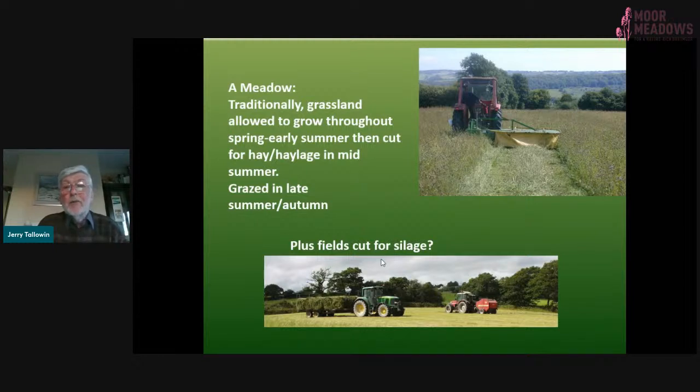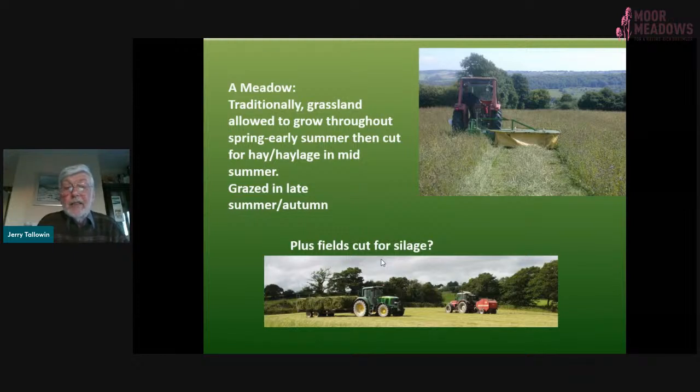Whereas haylage, which is cut at the same time as hay, can have a moisture content of say 40 to 50%. It's then wrapped and compressed very tightly into bales, and it undergoes what's called an anaerobic fermentation, a little bit like say sauerkraut, but nevertheless it's pickled, and that preserves it under acidic anaerobic conditions through the winter months when it will be fed to livestock.